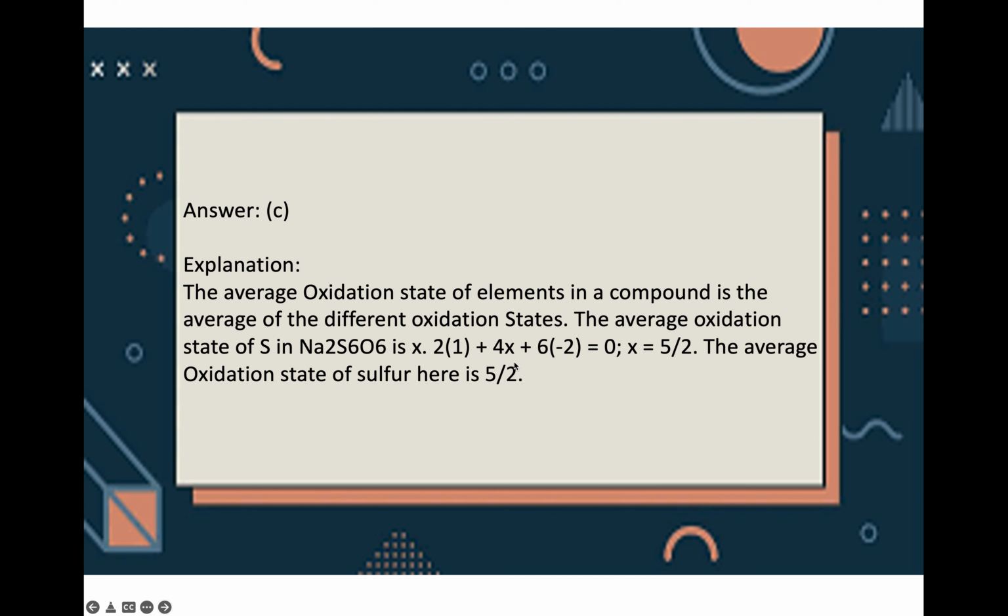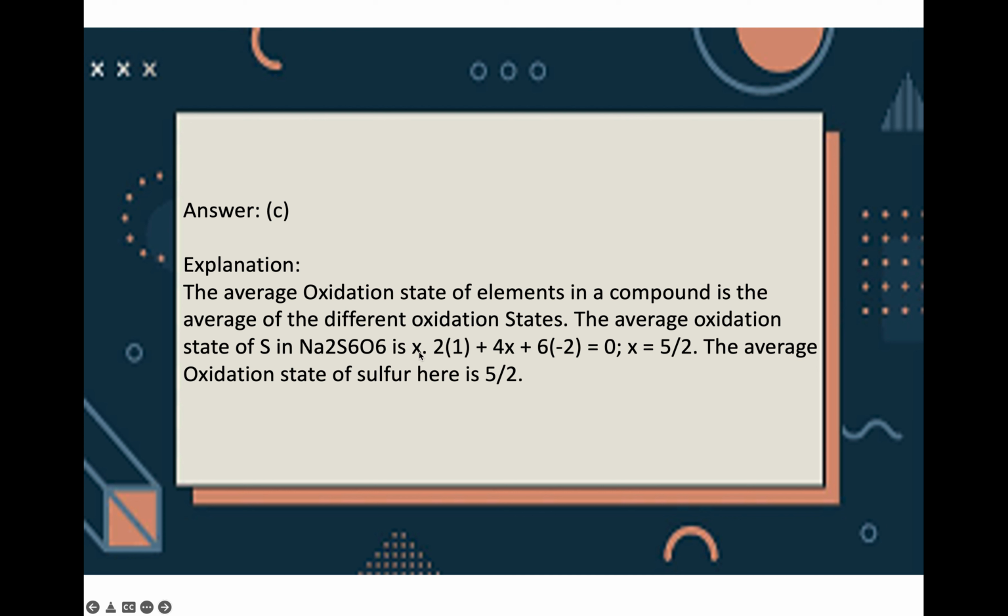So the average oxidation state of sulfur in this compound is X into 2 into 1, plus 4 into X, plus 6 oxygen atoms, 6 into minus 2, and the whole thing will be equal to 0. Why are we taking 2 into 1 for Na2? For 1 sodium it is 1, so for 2 it is 2 into 1.